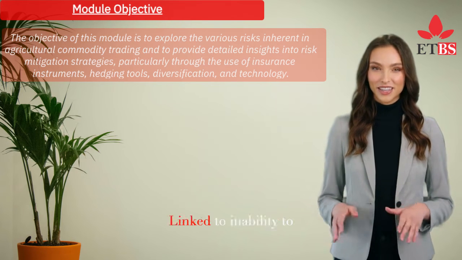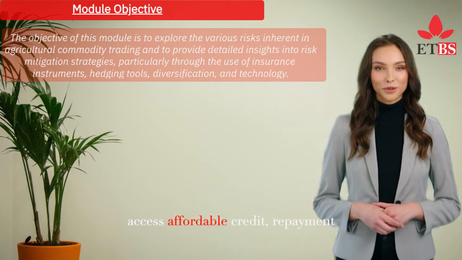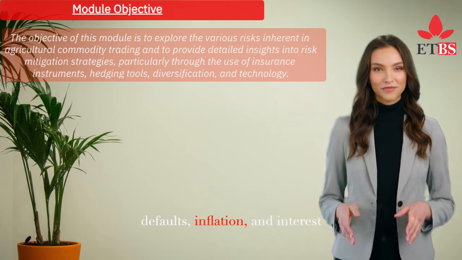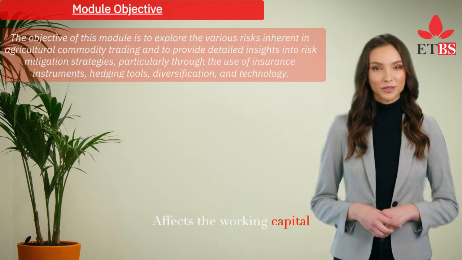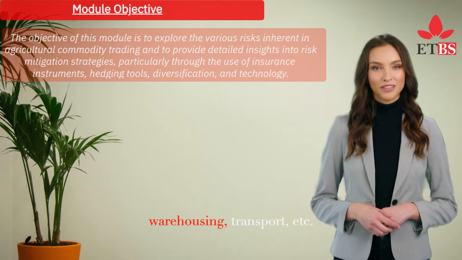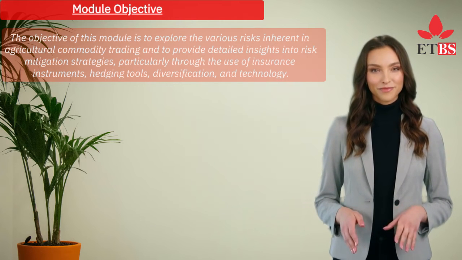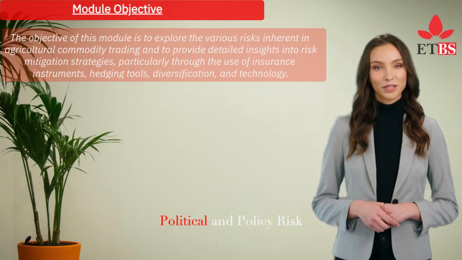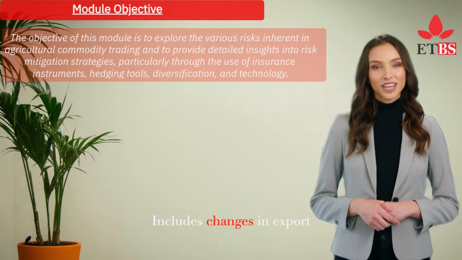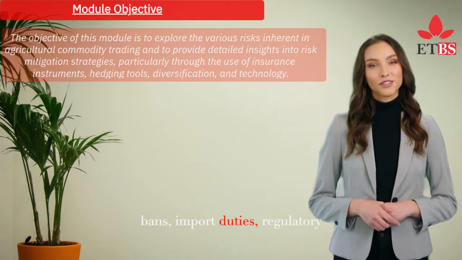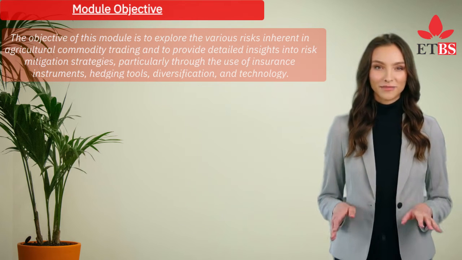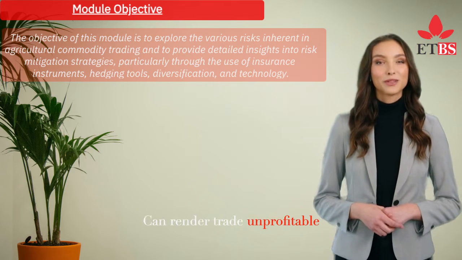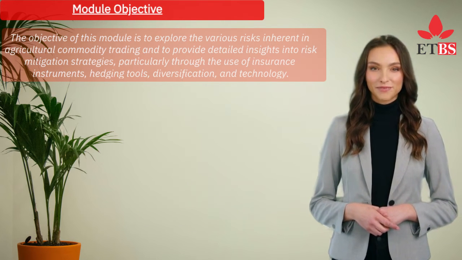A. Linked to inability to access affordable credit, repayment defaults, inflation, and interest rate hikes. B. Affects the working capital needed for input purchase, warehousing, transport, etc. 5. Political and policy risk. A. Includes changes in export bans, import duties, regulatory restrictions, and government subsidies. B. Can render trade unprofitable or legally impossible overnight.